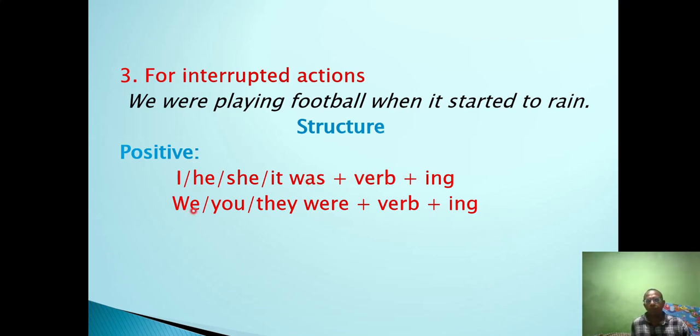And when we have plural subjects like we, you, and they, we use were plus verb plus ing. This is the structure we should use to construct positive sentences in past continuous tense.